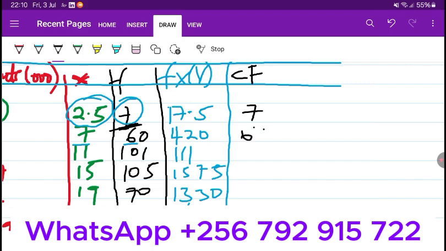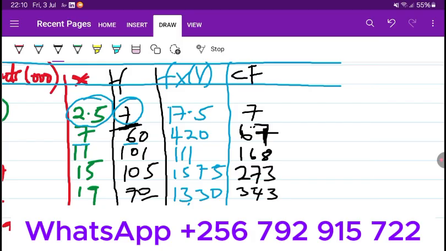So 7 plus 60, it becomes 67. Then 67 plus 101 becomes 168. 168 plus 105 becomes 273. 273 plus 70, this plus this, gives you 343.